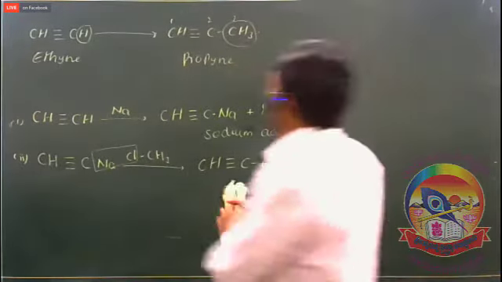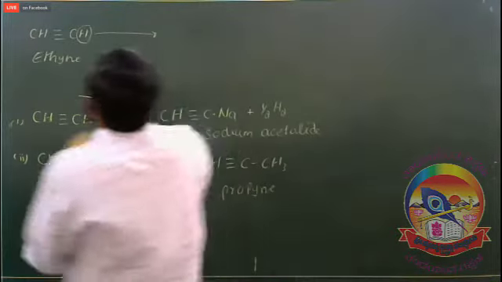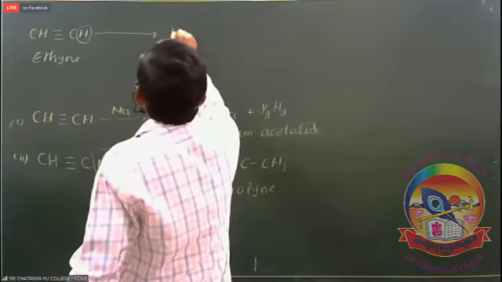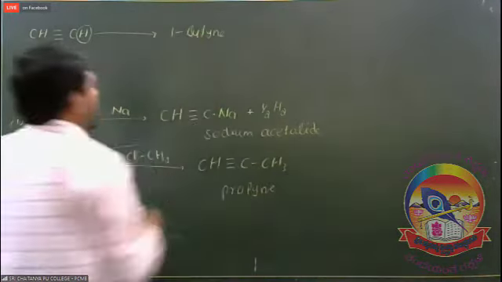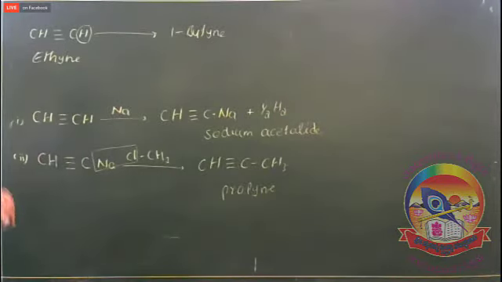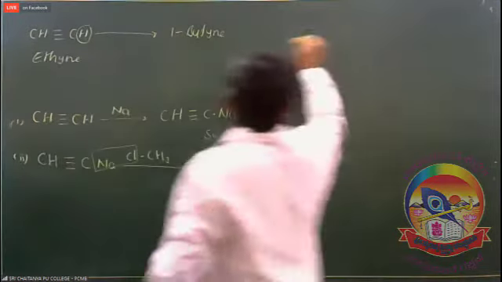Next one, how to convert ethyne to 1-butyne. Butynes are of two types, 1-butyne and 2-butyne. First write the structure of 1-butyne.